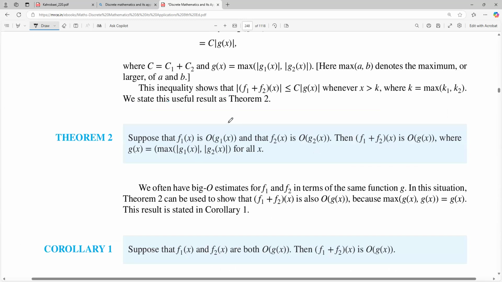If you add two functions, so we have f1 is big O of g1, f2 is big O of g2, right? If I add both functions, then you just take the max of g1 and g2.